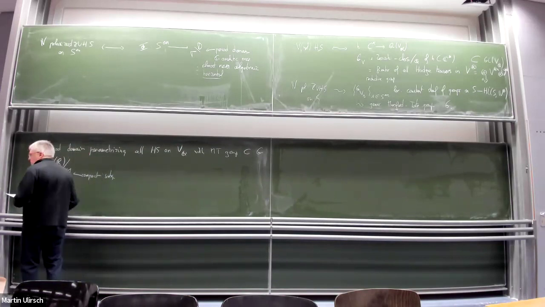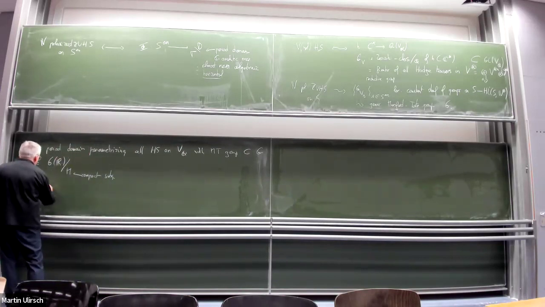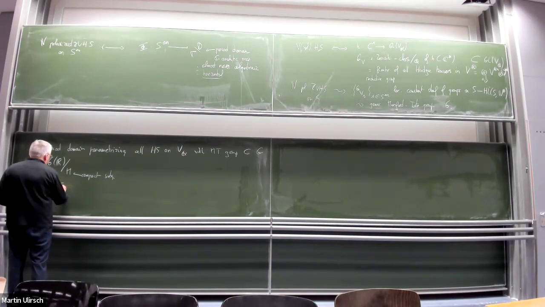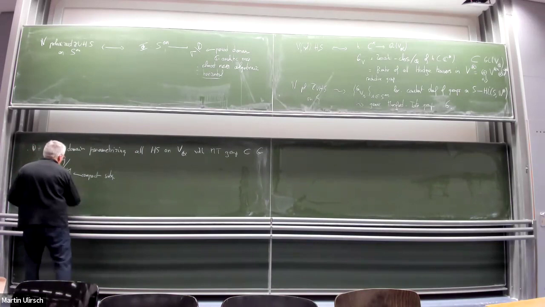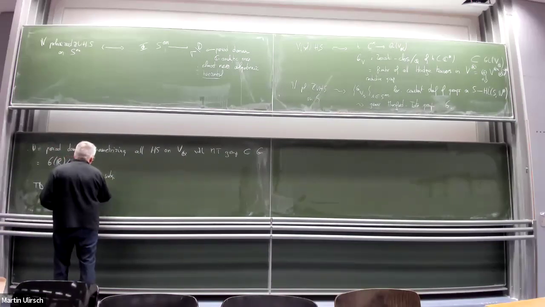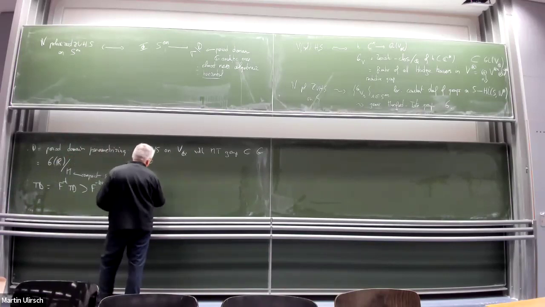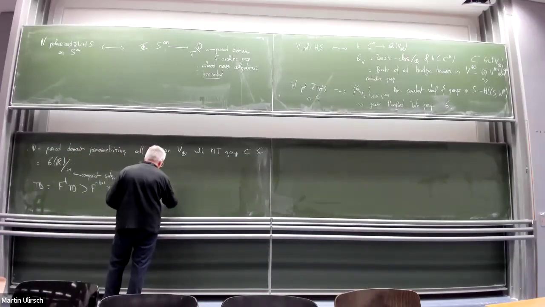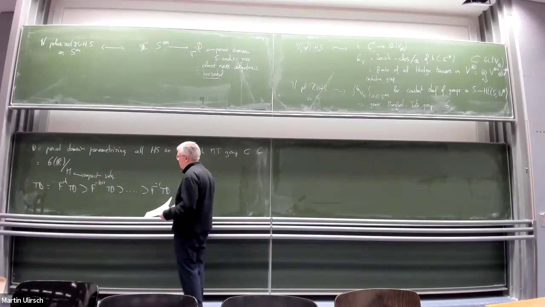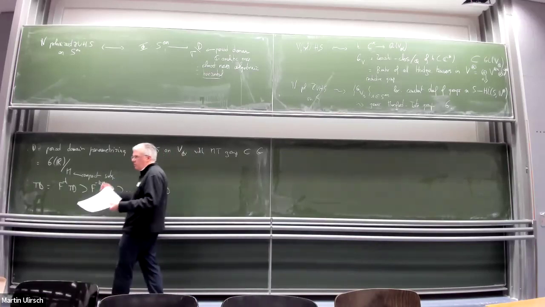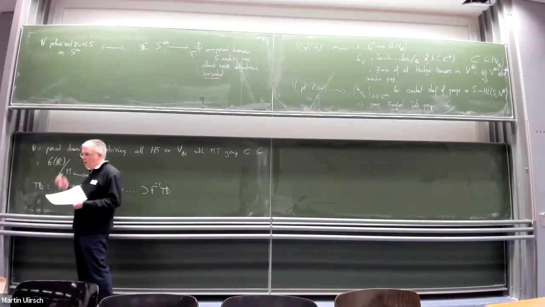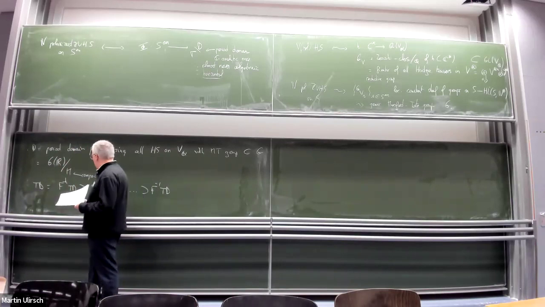So it means that the tangent space actually has a non-trivial filtration. It has a decreasing filtration coming from the Hodge structure on the Lie algebra of the group at each point.